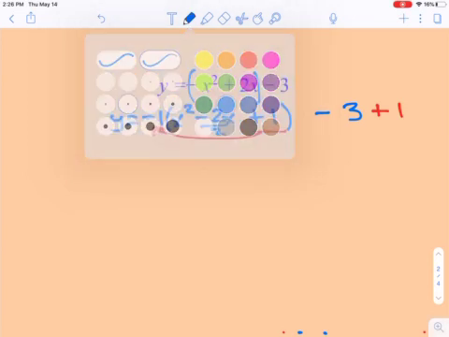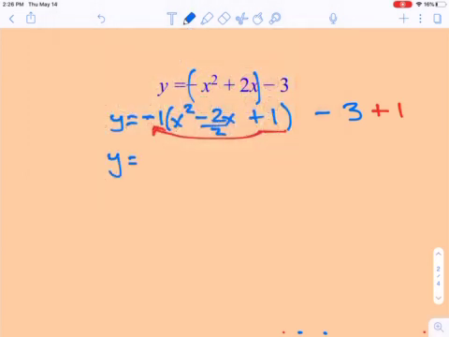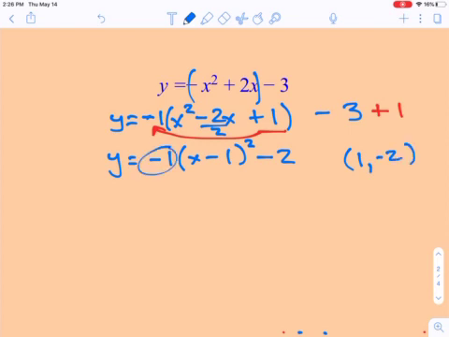So you've got y equals negative 1 times x minus 1 squared, and then minus 2. This means I would have a vertex of 1, negative 2, and because I have that negative 1 out here, it also means this is going to be opening downward.